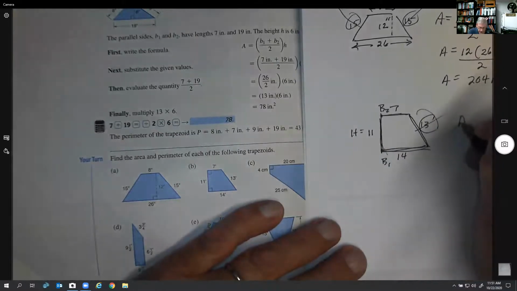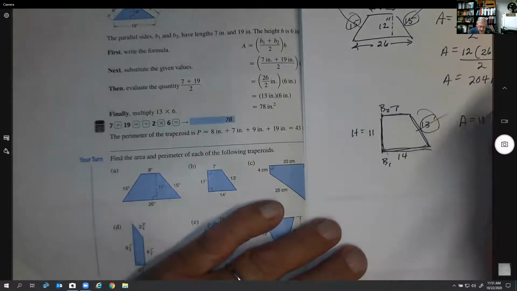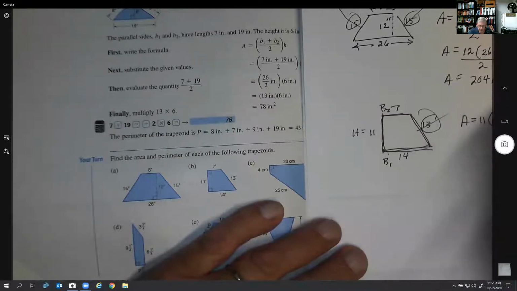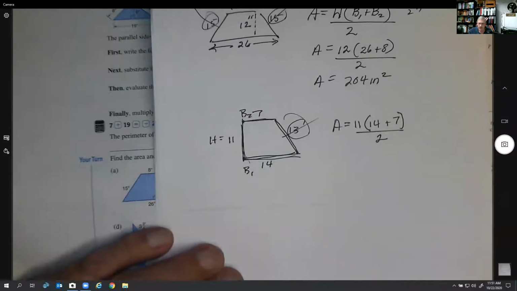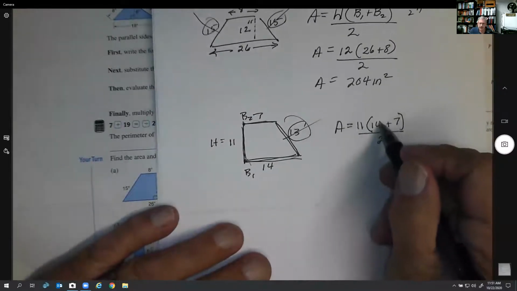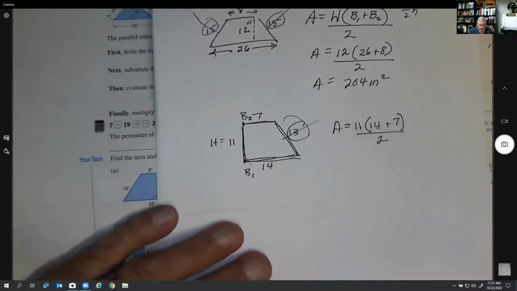So area equals the height, 11, times base 1 plus base 2, divided by 2. Area equals the height times base 1 plus base 2 divided by 2.